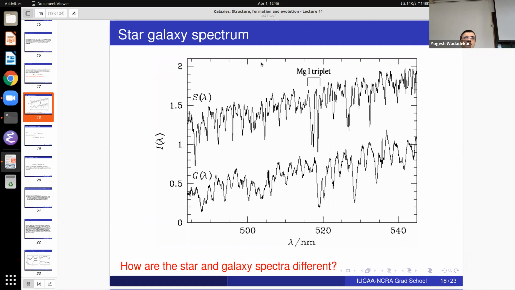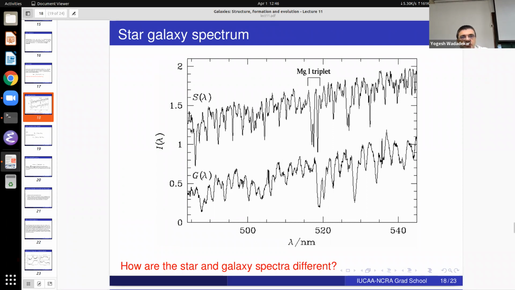We are looking at 500 nanometers, so 5,000 angstroms. Will there be a difference between the continuum shape?